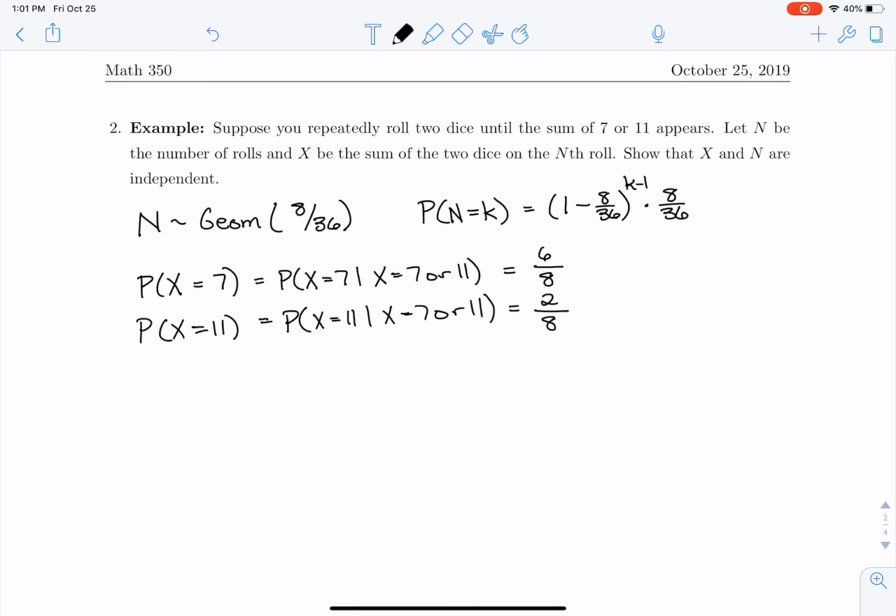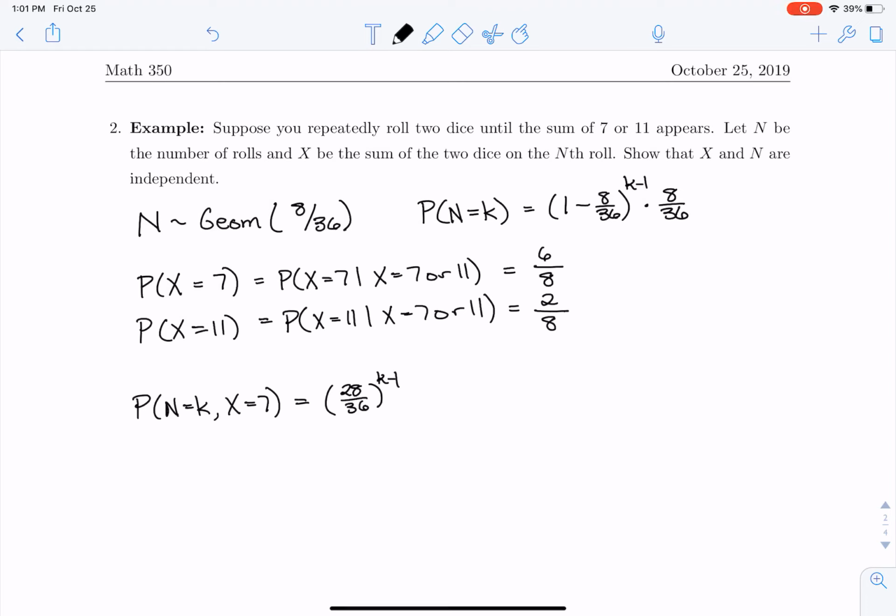Okay, now we ask ourselves, finally, what's the probability that n equals k and x equals 7? Well, for n to equal k and x equals 7, we need to have 28 out of 36 rolls to the k minus 1.